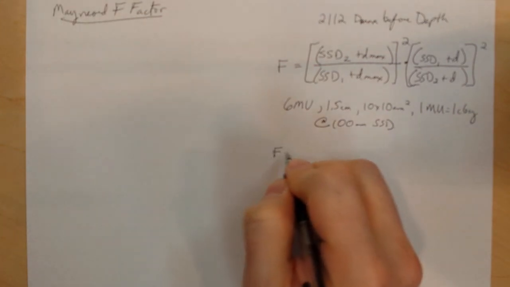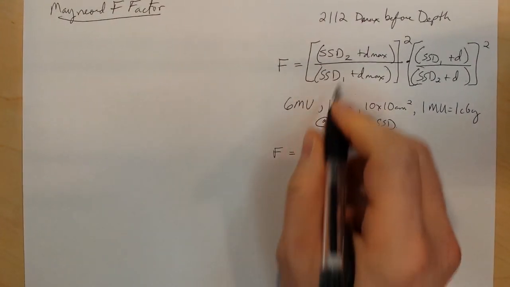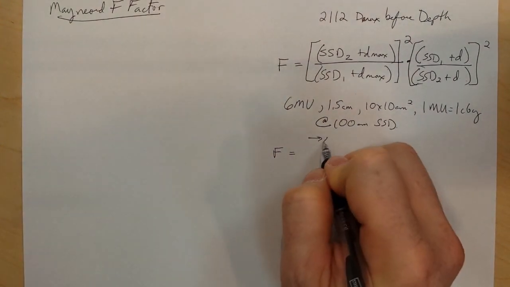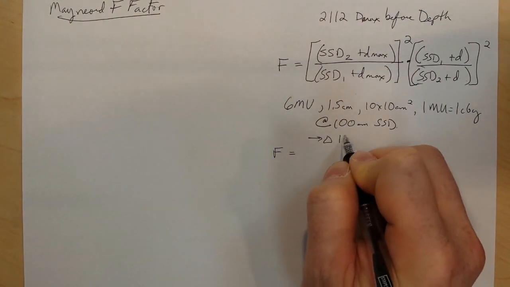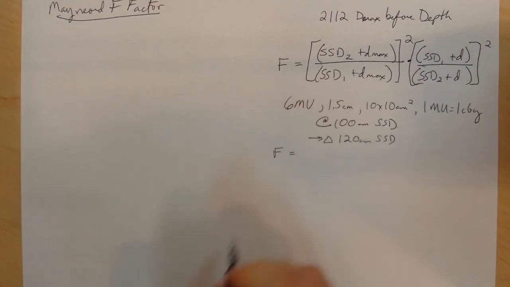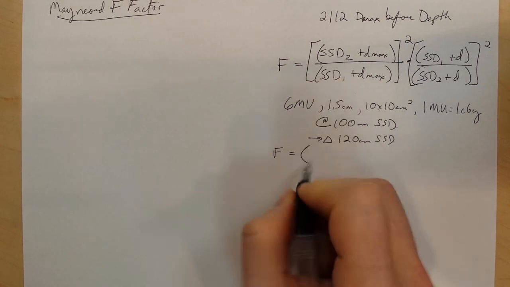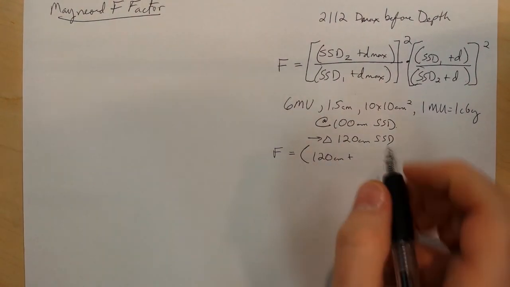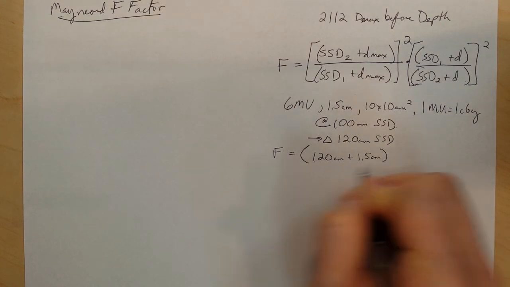So what do we do? The Mayneord F factor is going to be SSD 2. I should have written in here, he wants to change to 120 centimeter SSD. So SSD 2 is going to be 120. D max for 6X is going to be 1.5 centimeters.